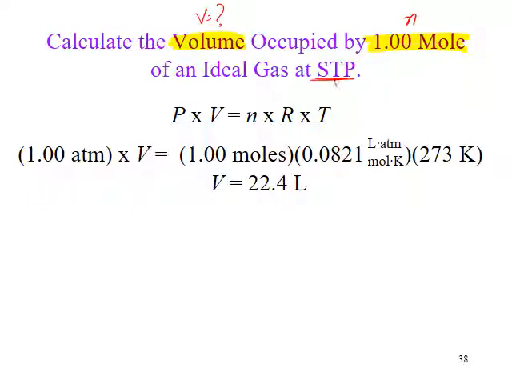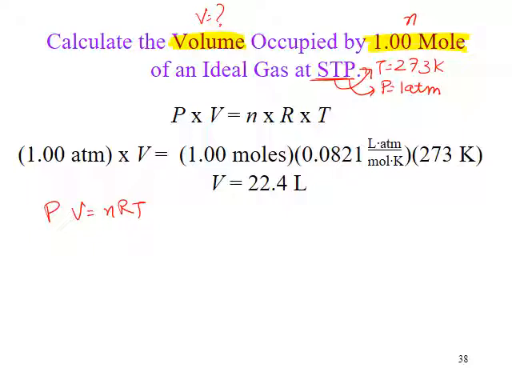STP means the temperature is also given to us, which is 273 Kelvin, and the pressure is also given to us, which is 1 atm. So P is given, T is given, N is given. The question is asking for V, which means we can use PV equals nRT here, right?